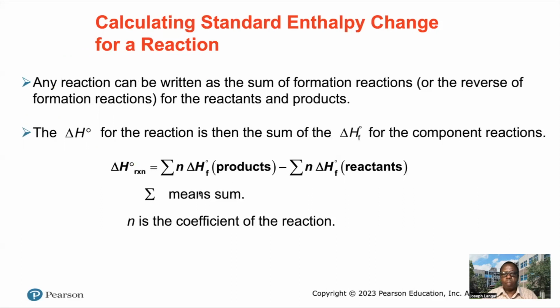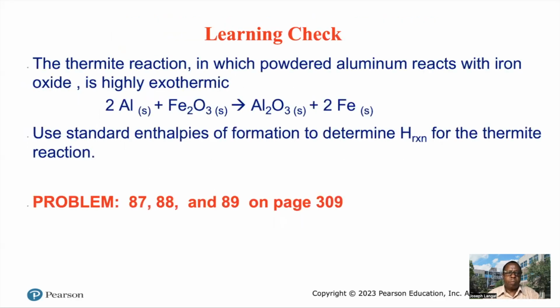Remember, this means the summation of the enthalpies of formation for all the products minus that for all the reactants. The n here is the coefficient in the balanced equation. You have to multiply by the coefficient in the balanced equation, and then find the difference between the two to get the overall standard enthalpy of reaction.